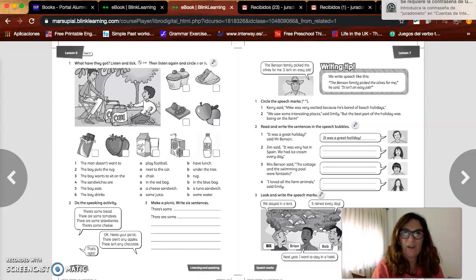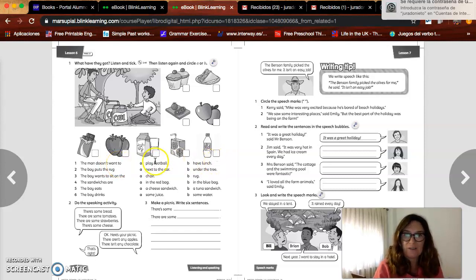All right, so here we have countable and uncountable nouns, as you can see. So pay attention, read very carefully the sentences, the beginnings, okay? Los comienzos, every beginning, and then choose A or B. The man doesn't want to play football or have lunch.